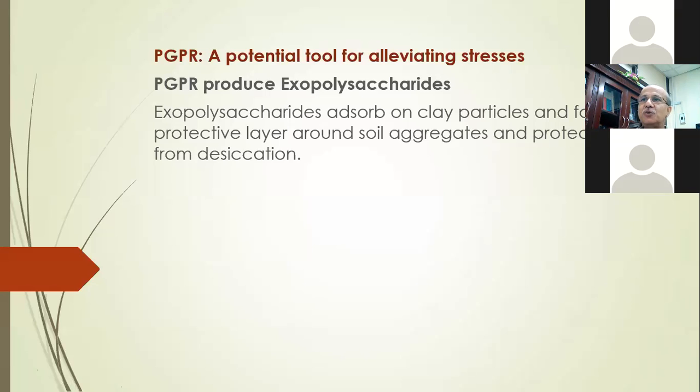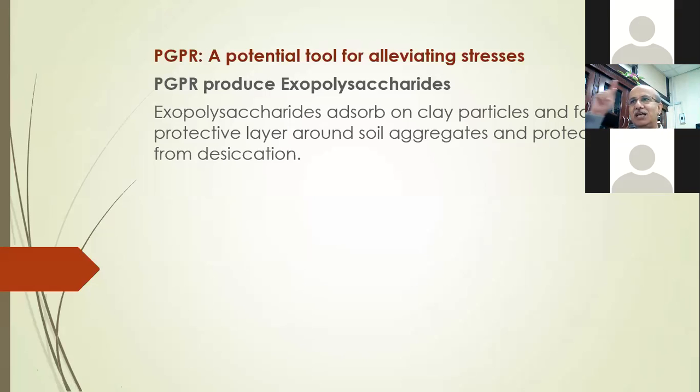The exopolysaccharides are high molecular weight compounds, carbohydrates. They attach on the clay particles and make a layer. And that layer surrounds the soil aggregates. You know the soil aggregates have moisture inside.